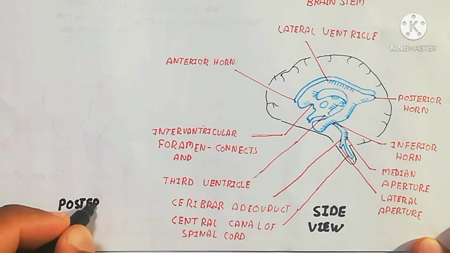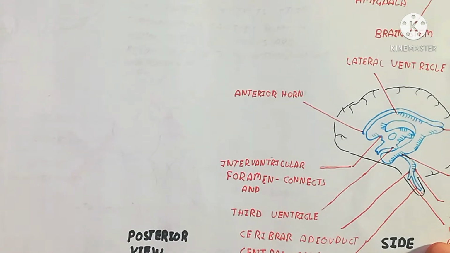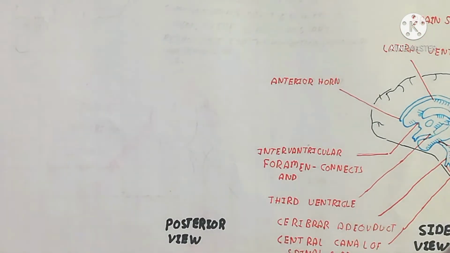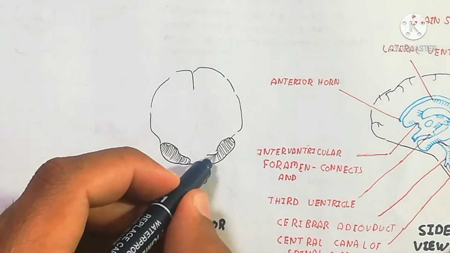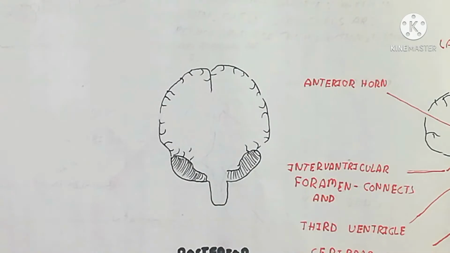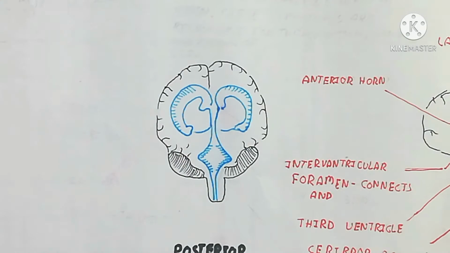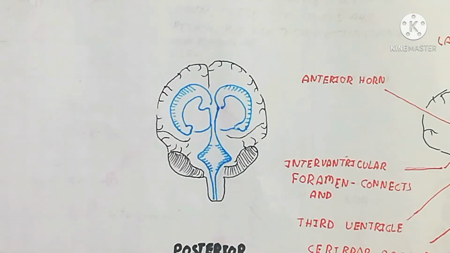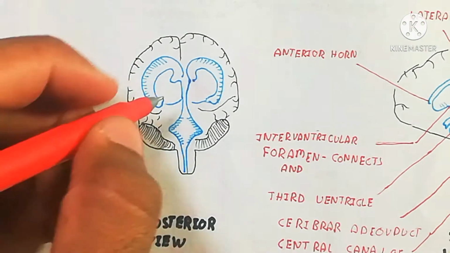Here is a posterior view, which is the back side of the brain, not the front. The back side of the brain shows the ventricle in a different manner. Here is the cerebellum, and here is the ventricle.